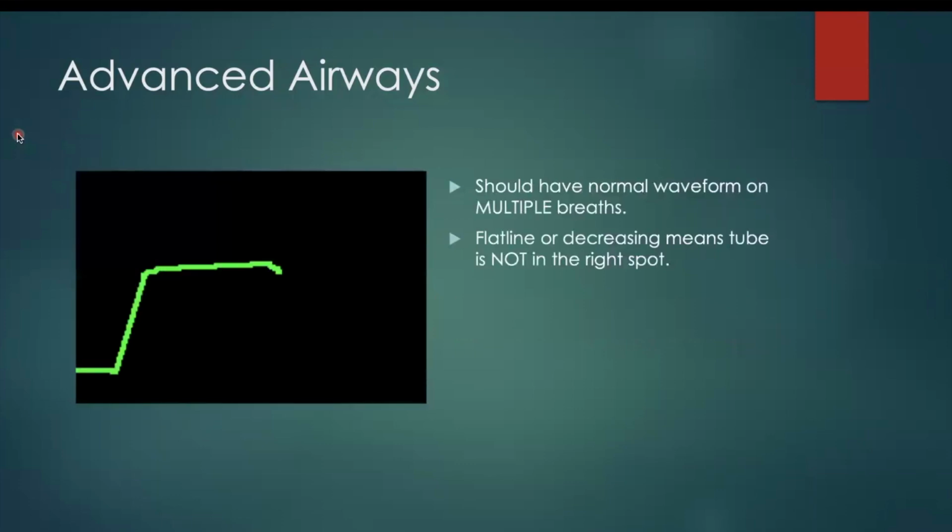All right, so with advanced airways, we want to make sure that we have multiple breaths that are normal, and not just one or two breaths. And the reason for that is almost certainly someone listening right now is drinking some sort of carbonated beverage. That carbonation is carbon dioxide. So if we have been drinking a bunch of Diet Coke, and we intubate the esophagus, guess what we're going to get back?